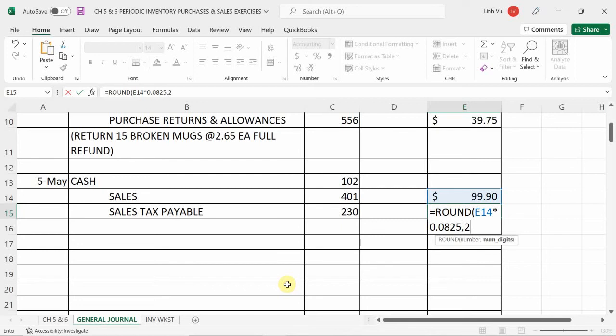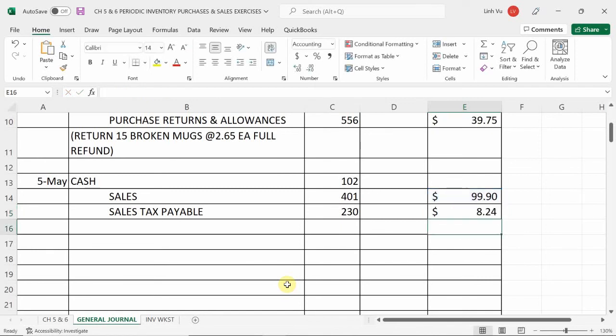So how much tax can you actually charge? The 8.24. Yes, you can't charge half a cent or a tenth of a cent in this case. So in grand total, I should be receiving a total of $108.14 worth of cash.